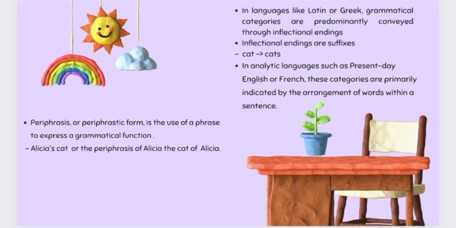Inflectional endings are suffixes that are added to the end of a word to change its meaning and/or grammatical function. For example, the English suffix -s can be used to form the plural of a noun, for example, cat or cats.